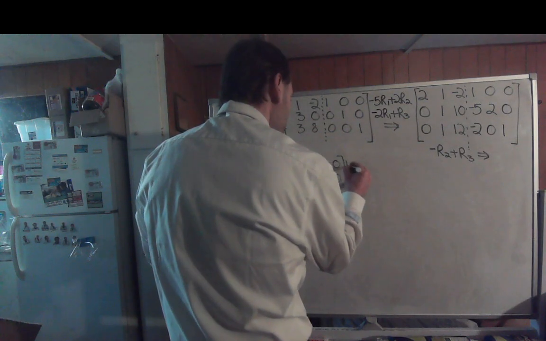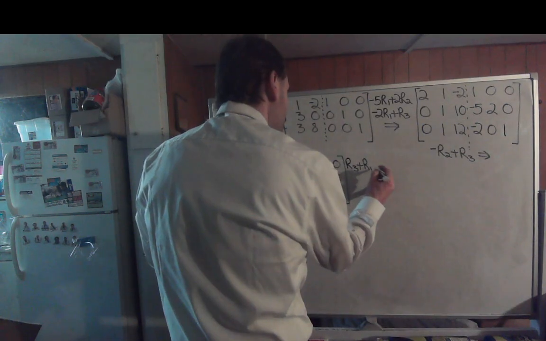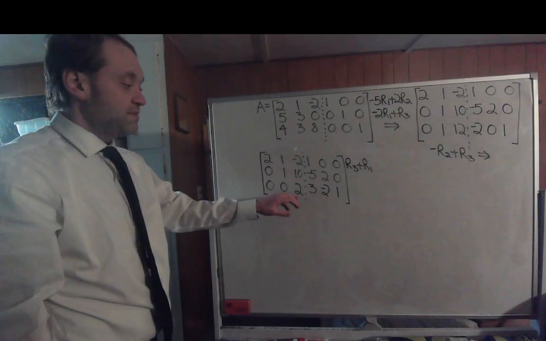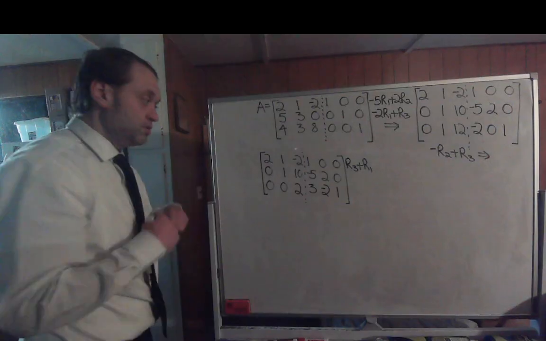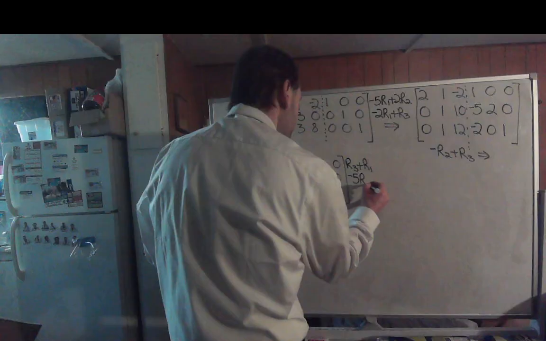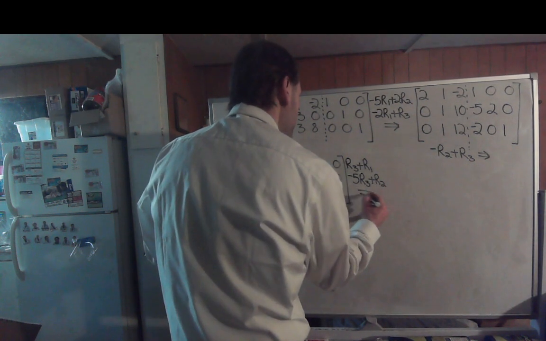So row 3 plus row 1, that's easy. Now, if I take negative 5 times row 3 and add it to row 2, I can make it happen in row 2. So negative 5 times row 3 plus row 2, I'll make that happen.